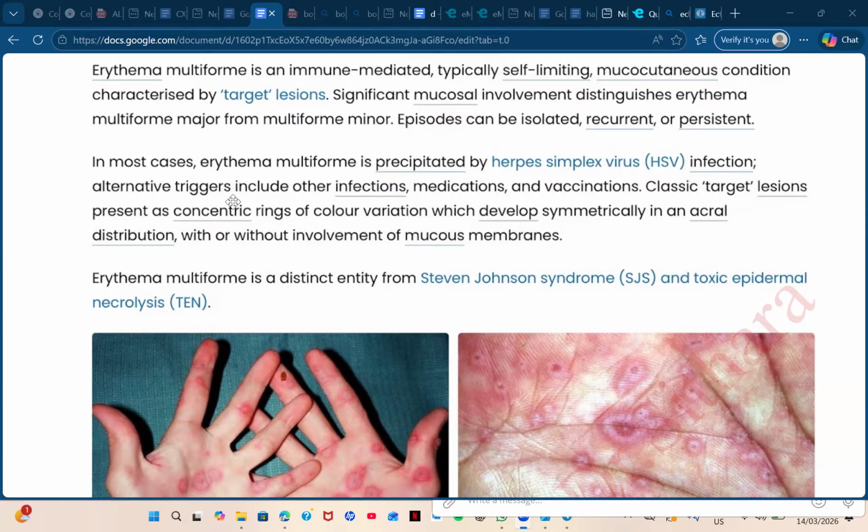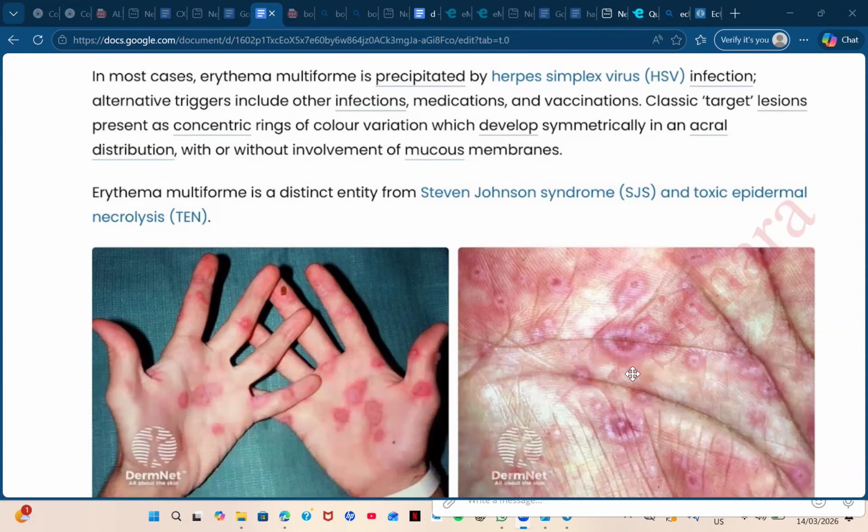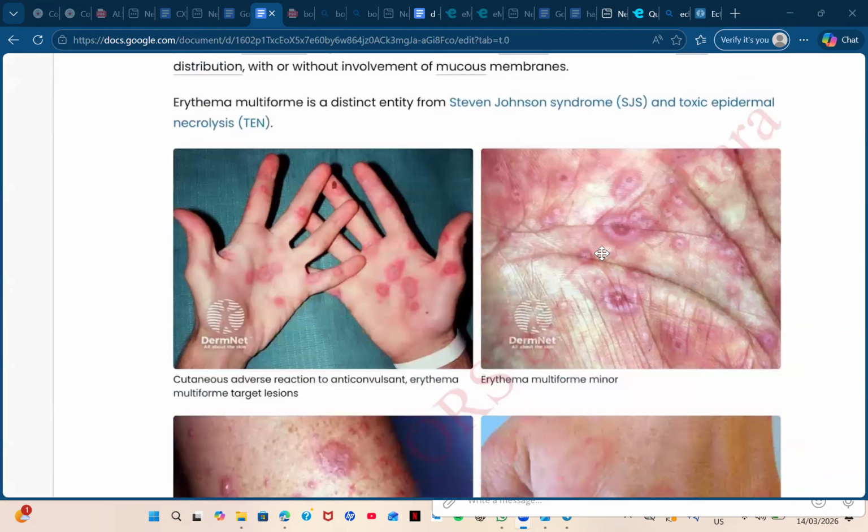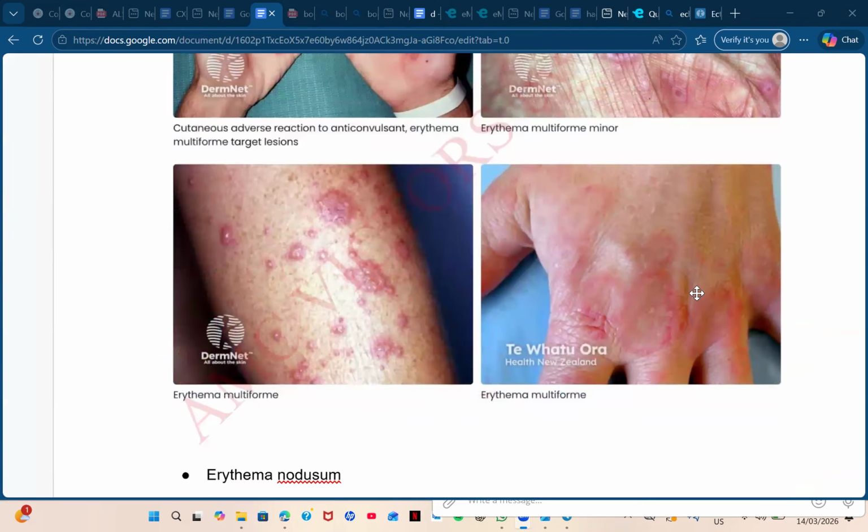Due to HSV. Alternative triggers include infections, medications, and vaccinations. Classic target lesions present as concentric rings of color variation, with symmetrical and acral distribution, with or without mucous membrane involvement, right? Okay, here you can see.